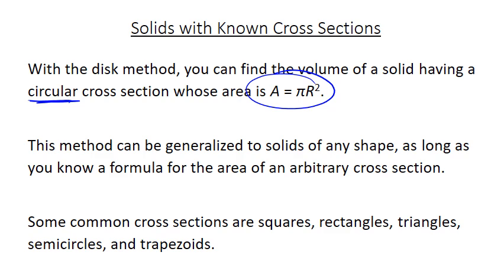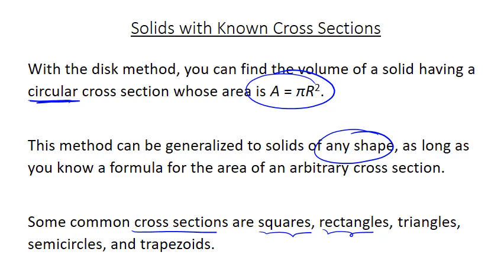Now, we can really find the area or the volume of any shape, not just circular shapes. So maybe our cross section will be squares or rectangles, triangles, circles, so on and so forth. So we have a lot of different shapes that we can analyze.